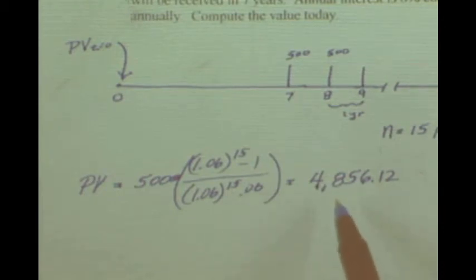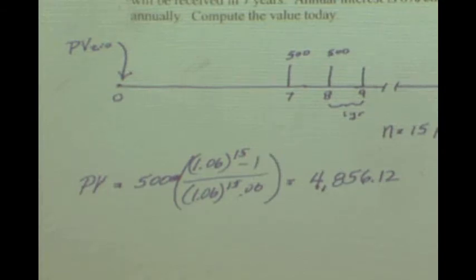That will be a lump sum amount, but where is it in time? Time what? Time 7?